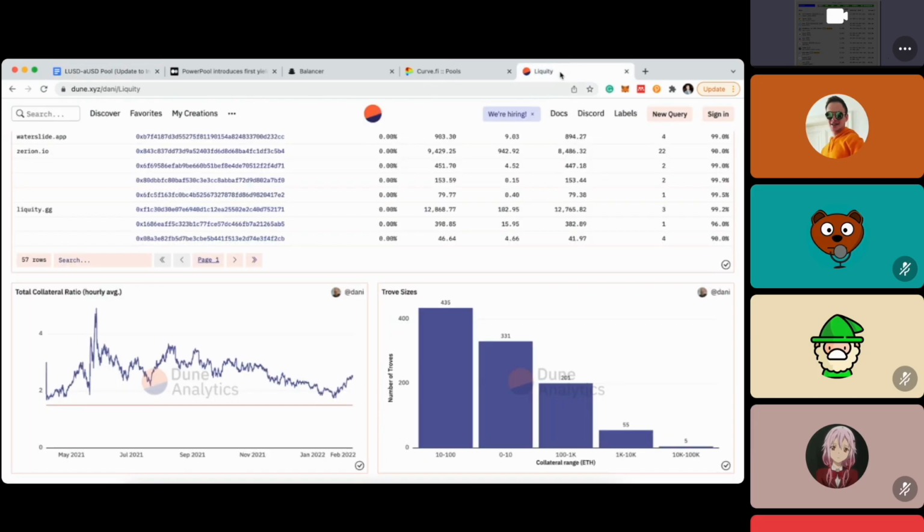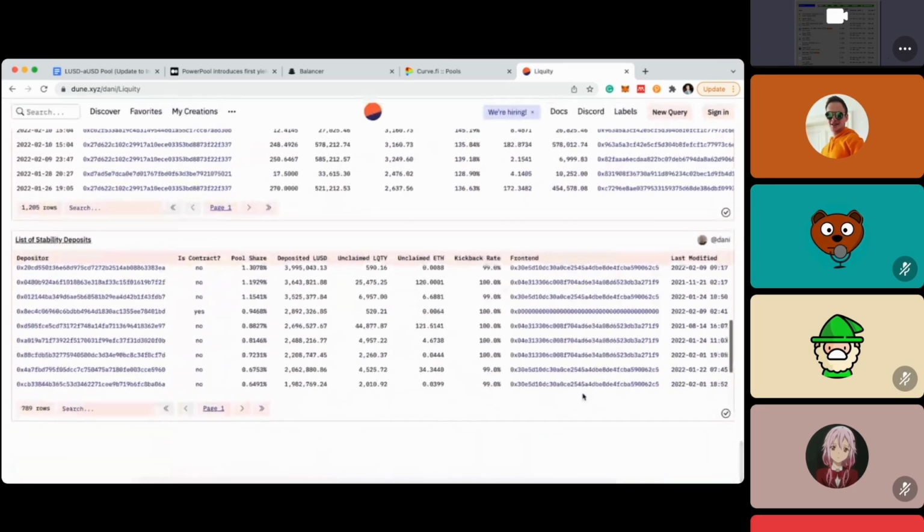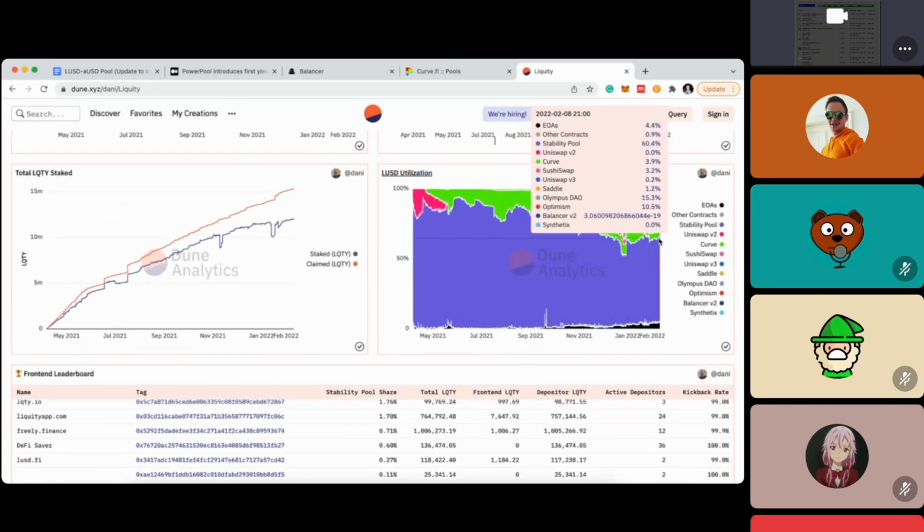The APY will drop down, but it's not true for Liquity. If you see the distribution of the LUSD token, we will see that now 60% of LUSD is staked in the Stability Pool. So it means that if you add several percent here, it wouldn't change the APY drastically.